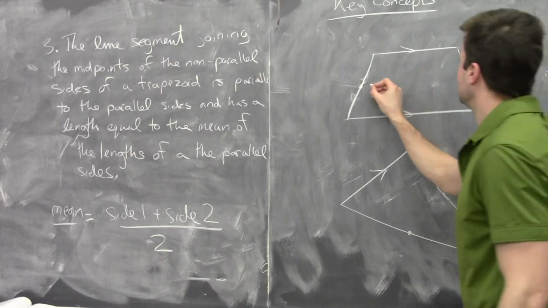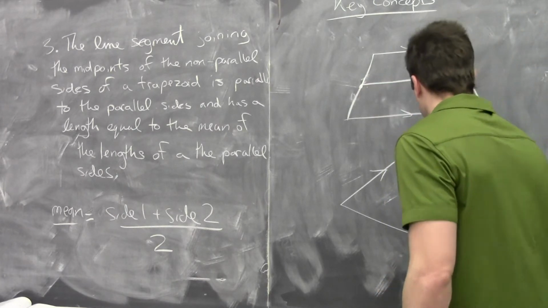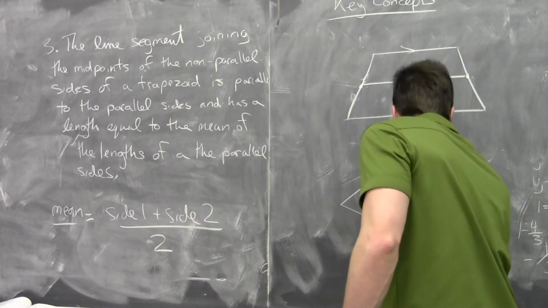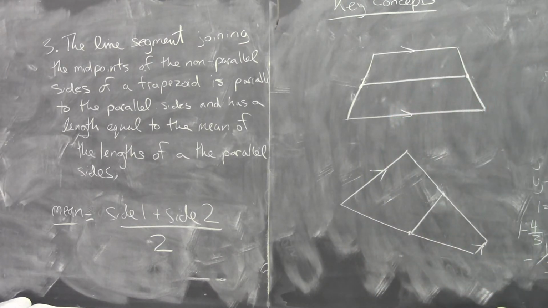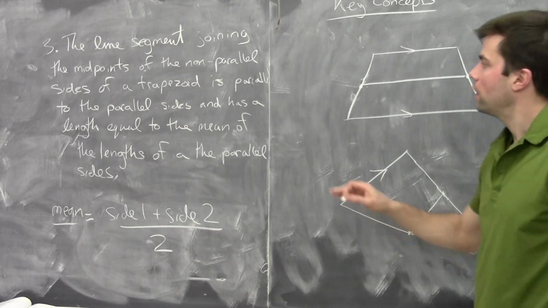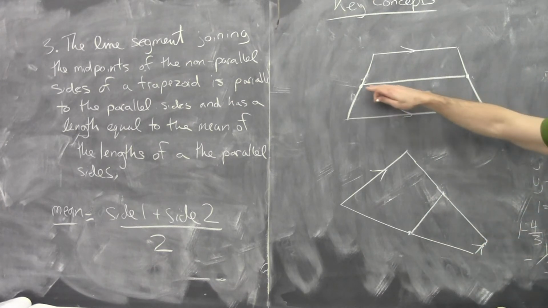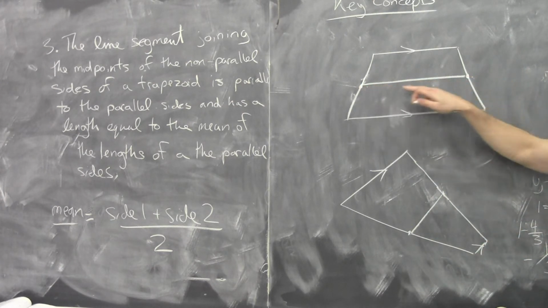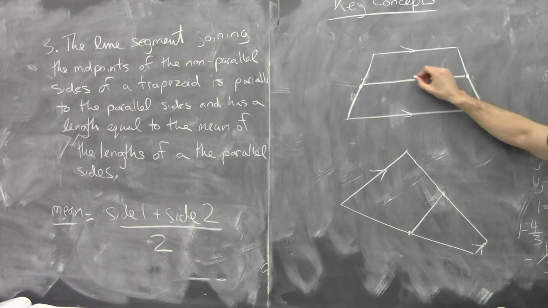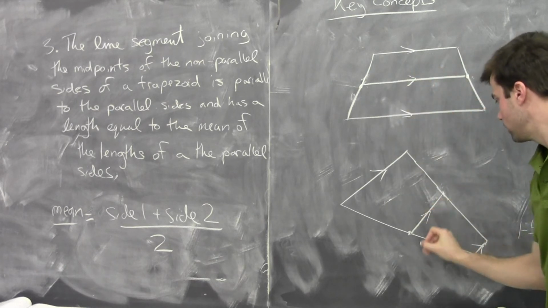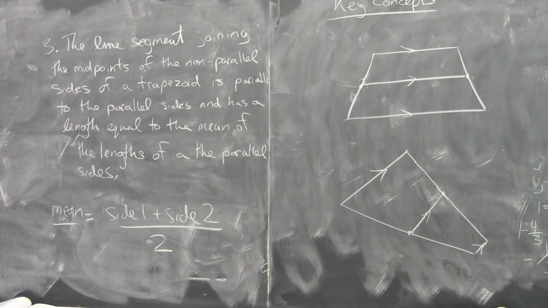So the line segment joining them, I'm going to join that, and join this. One pair of sides is parallel to the parallel sides. So it's saying that this line segment joining the midpoints is parallel to the parallel sides. That makes sense because it looks right. Okay?